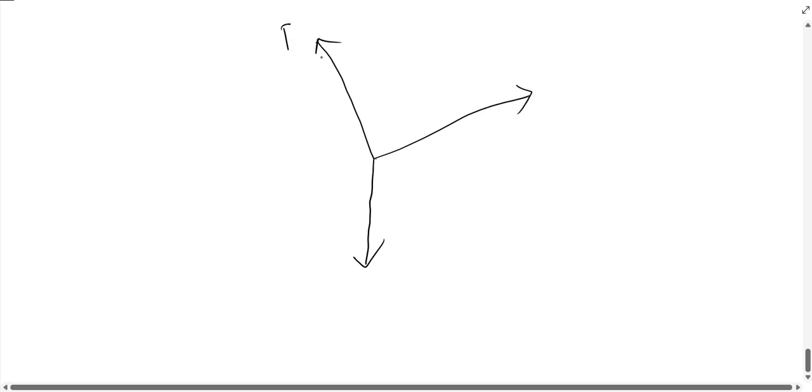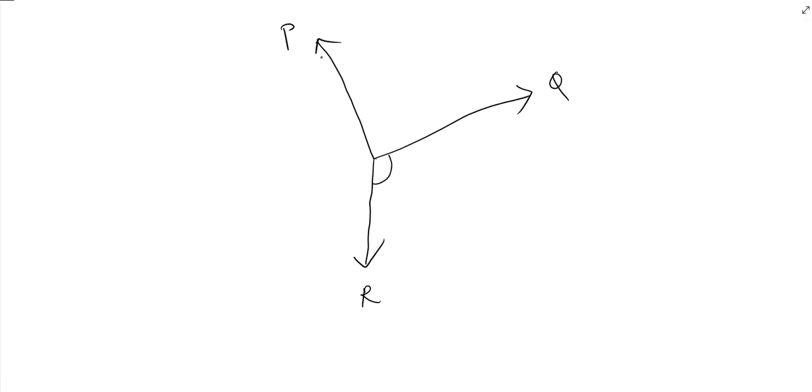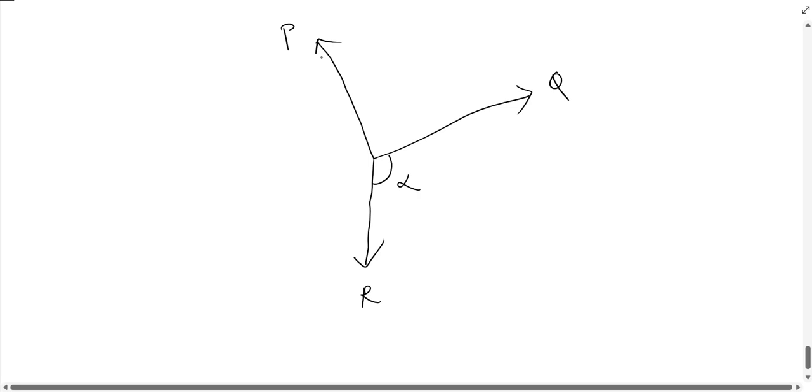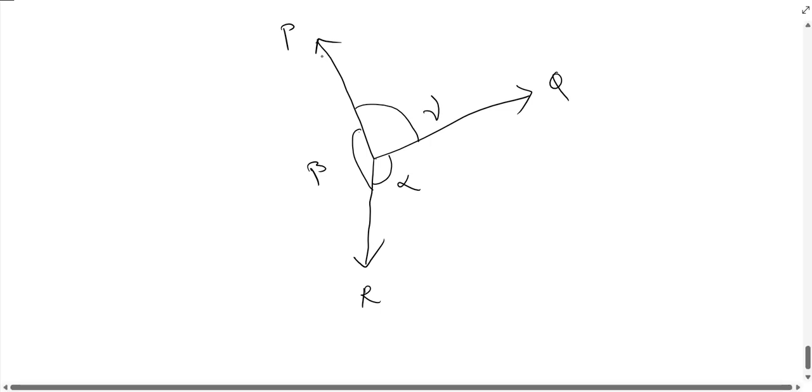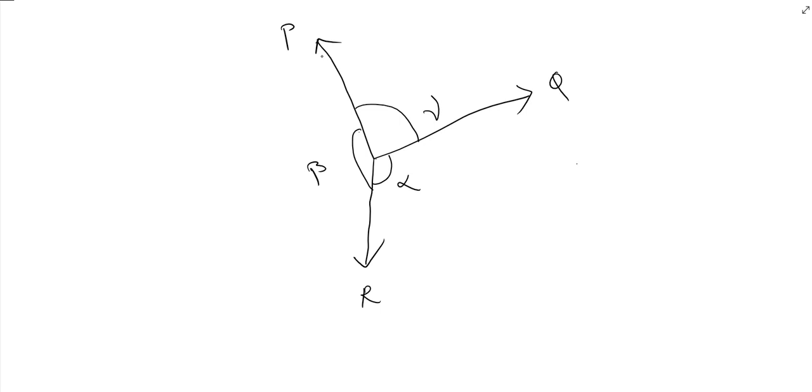Let this one be P, this one be Q, and this one be R. Let alpha be the angle between Q and R, beta be the angle between P and R, and gamma be the angle between P and Q. As per Lami's theorem, each force is directly proportional to the sine of the angle between the other two forces.